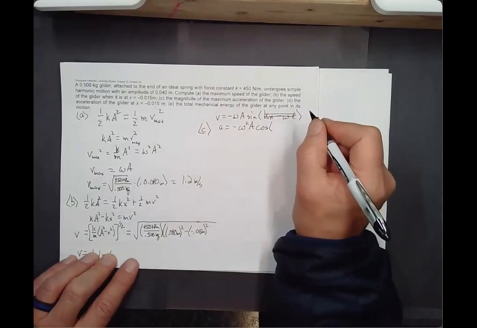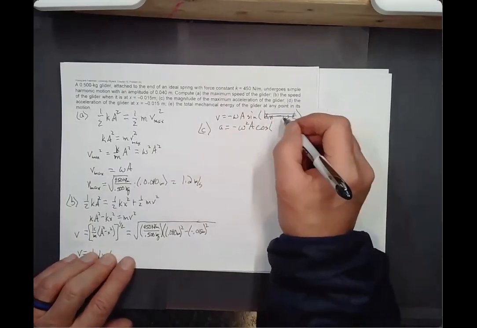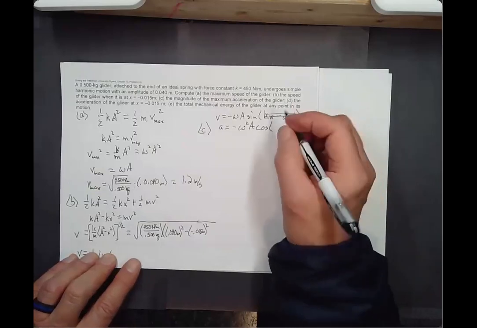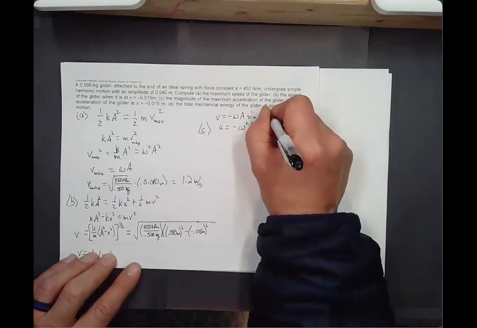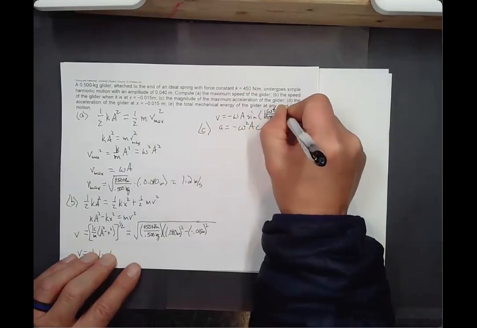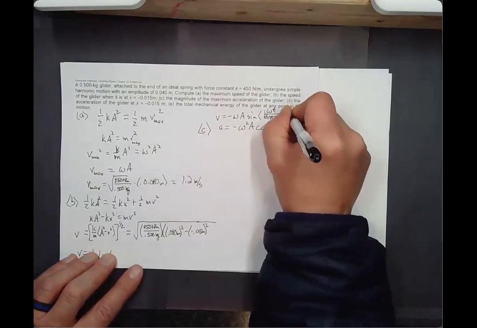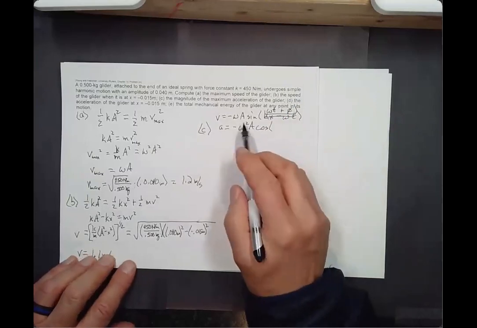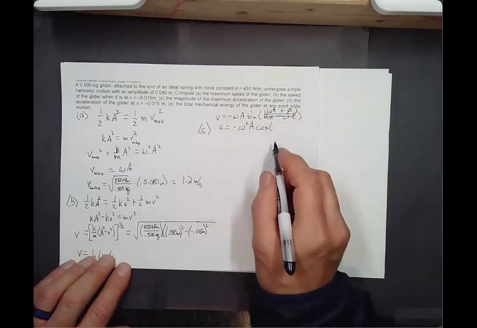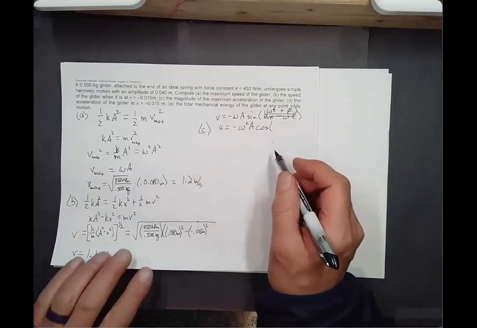Did you guys notice that? It should be omega t plus phi is what we should have up there. What I wrote down is the equation of a traveling wave, which is the next unit.